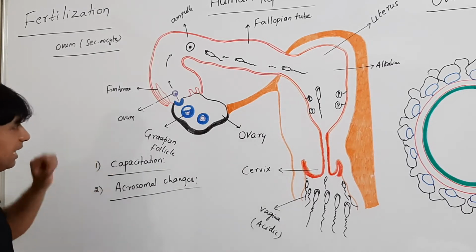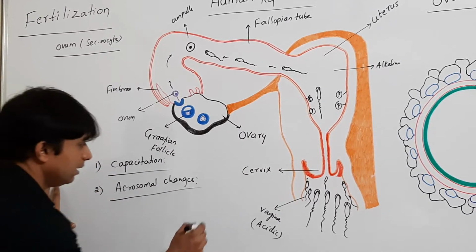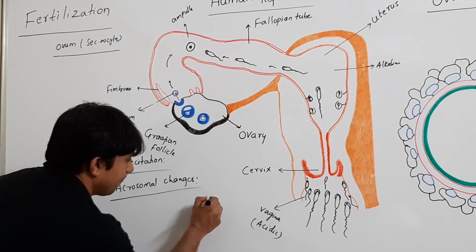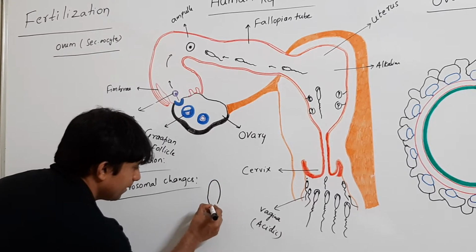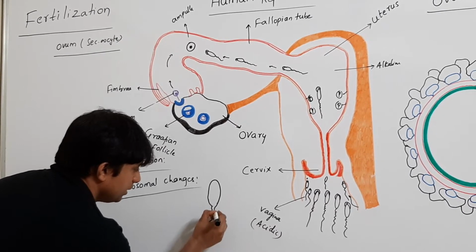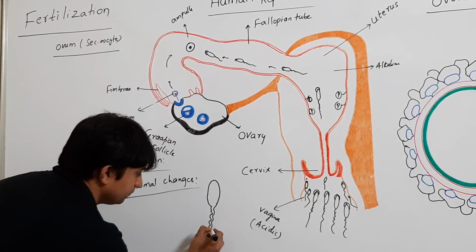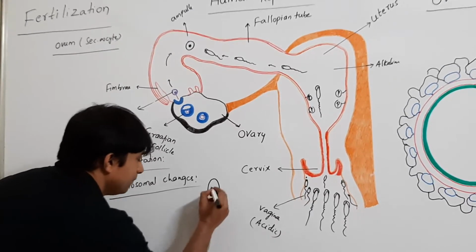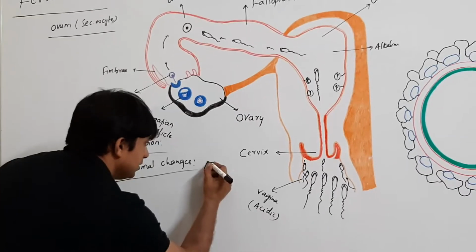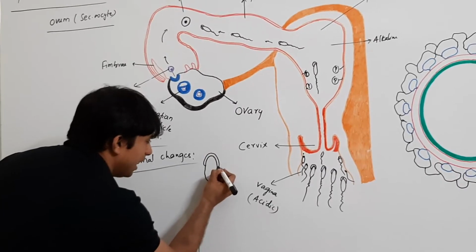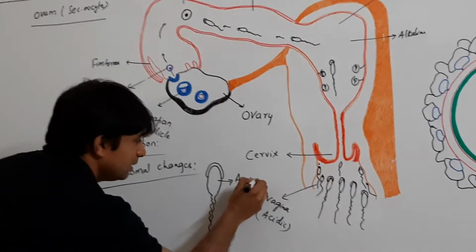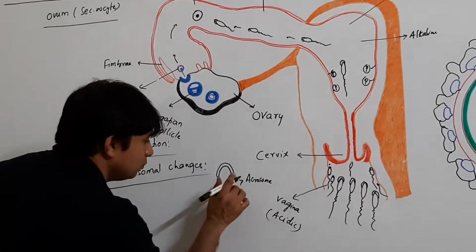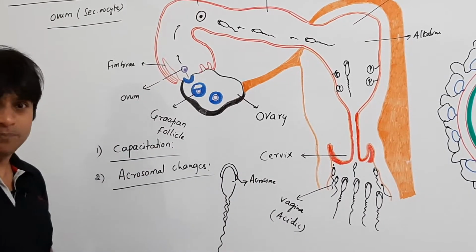Fine. So what exactly is capacitation? Listen, I'll draw the sperm in this way. This is the middle piece of the sperm. This is the tail. This is the acrosomal cap. This is the acrosome of the sperm, right?